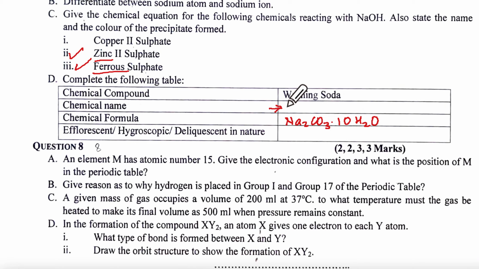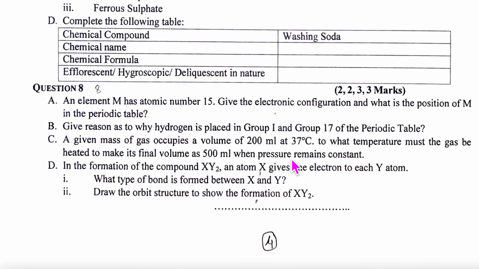I would write it as hydrated sodium carbonate, in brackets decahydrate. Okay, please write it as hydrated because of water of crystallization. Understood, no? Yes, ma'am. It is going to lose the water of crystallization partially, so it is efflorescent. So the list of all those efflorescent and deliquescent substances you will have to learn by heart.